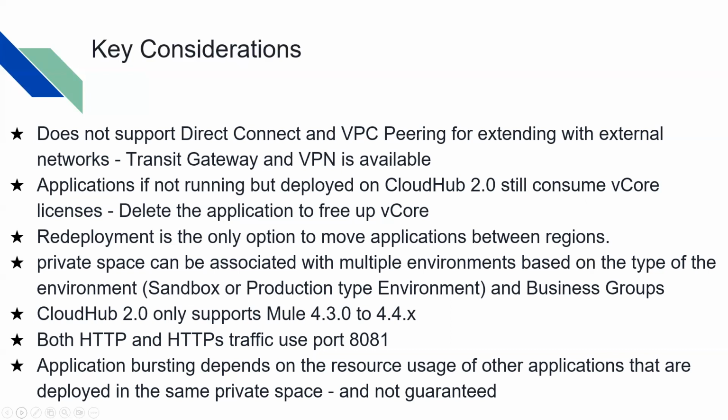If that same CPU and memory are being utilized by other applications because it's working in a shared mode, then your application bursting may not happen. So there is no guarantee that application bursting will happen. It is better to go for multiple replicas and a clustering mode if you want to achieve a high availability architecture.